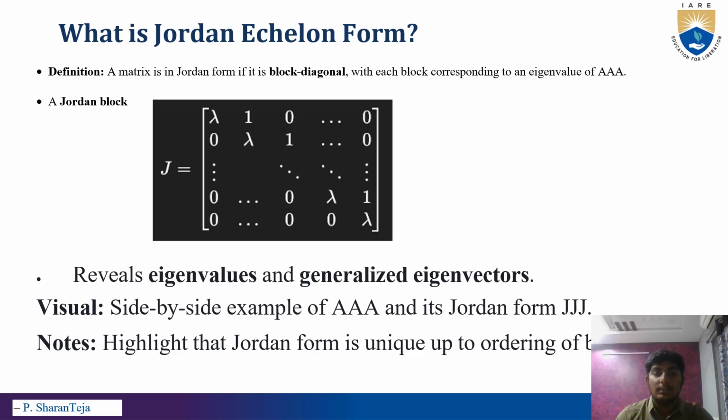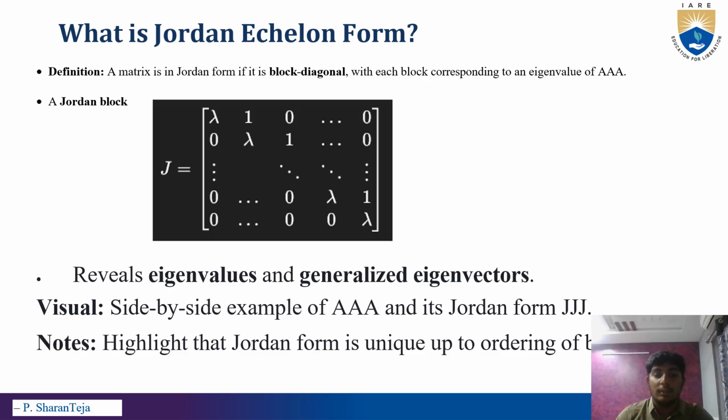A matrix A is said to be in Jordan form if it can be written as J is equal to J1 0 0, 0 J2 0, and 0 0 J3, where each Ji is a Jordan block corresponding to one eigenvalue.